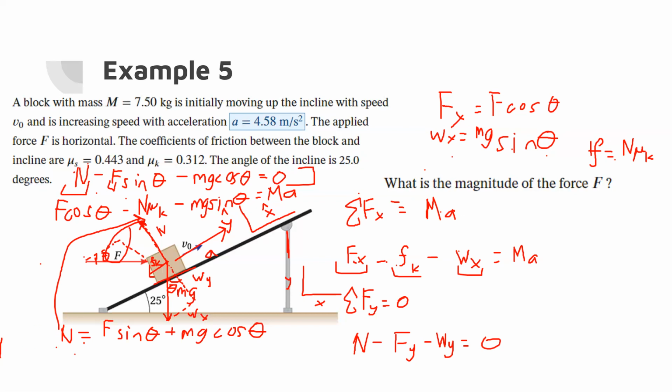Doing that gives me F cosine theta minus, I'm replacing n, so not n, minus F sine theta plus mg cosine theta, multiplied by mu sub k, minus mg sine theta, which I mixed up.